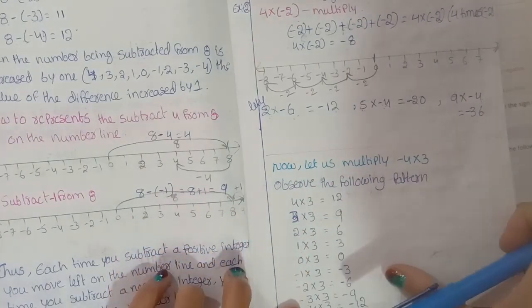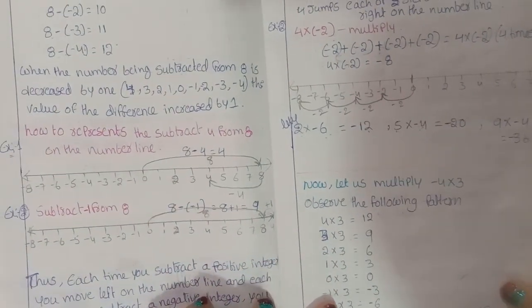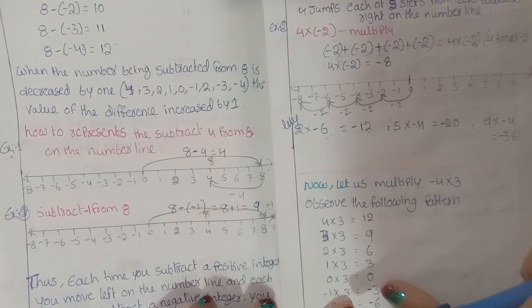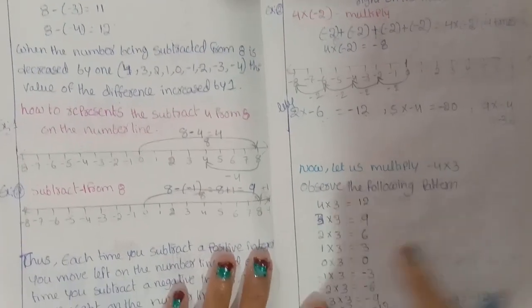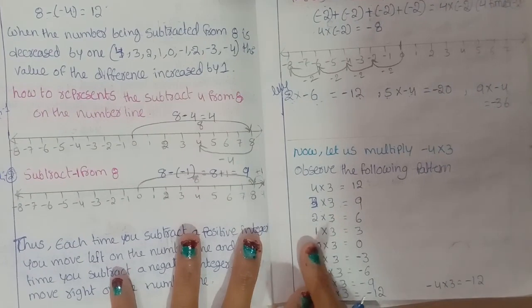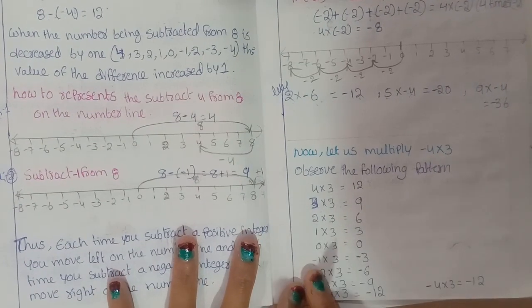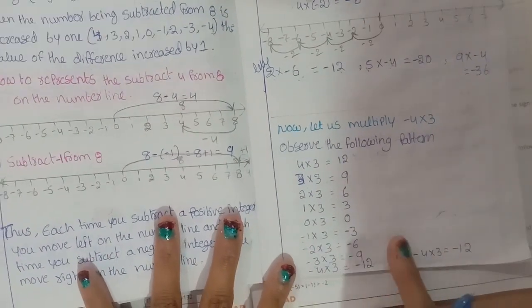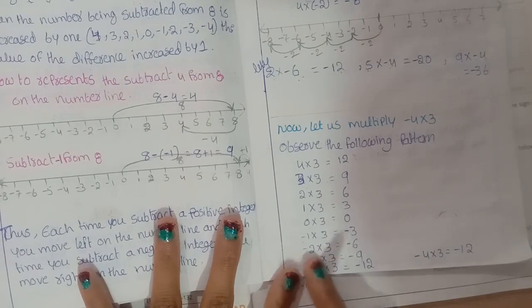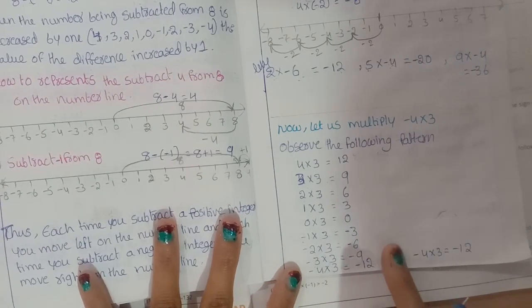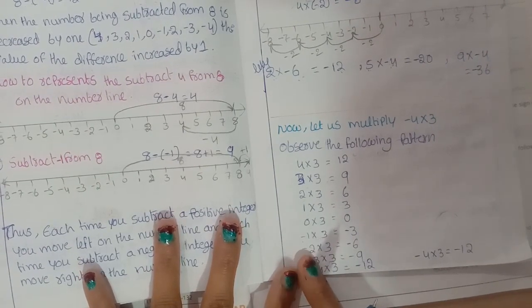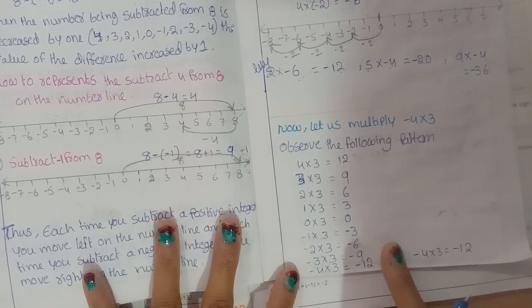Now if you have a positive integer and a negative integer, we get a negative integer only. The product of positive and negative integers, we will get negative integers only. Are you understood?